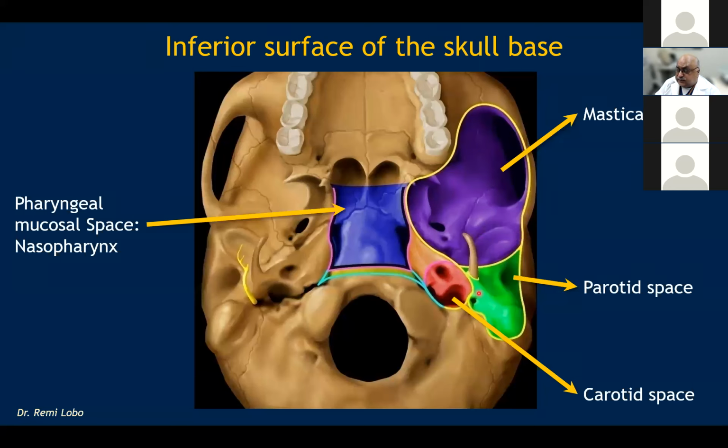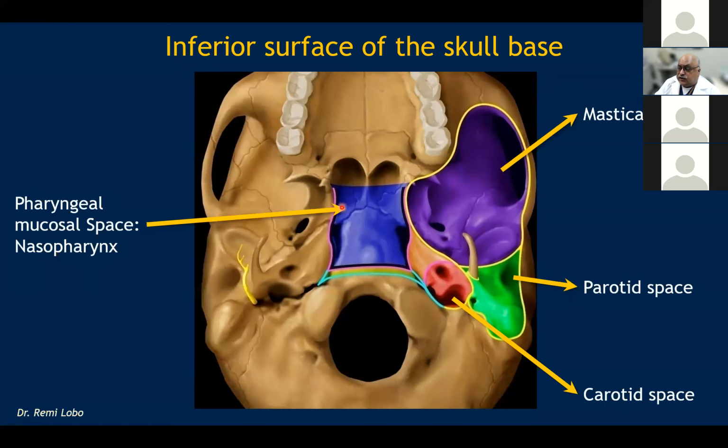The parotid space is important because it is the seventh cranial nerve which extends through the stylomastoid foramen, which is another area through which pathology can egress into the intracranial compartments. The carotid space is intimately related to the carotid artery, and it is seen in several conditions, as is the jugular foramen, which forms one of the other components of the carotid space.